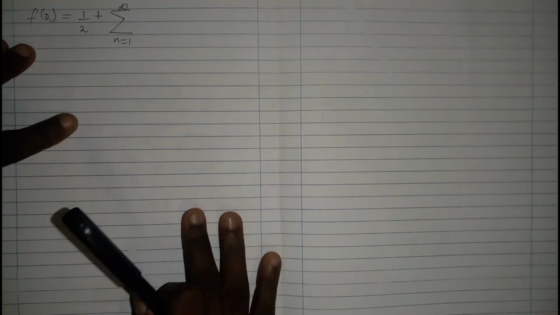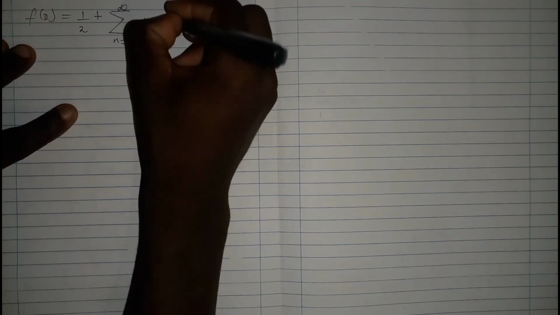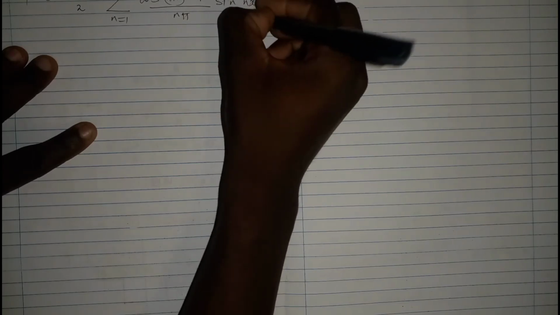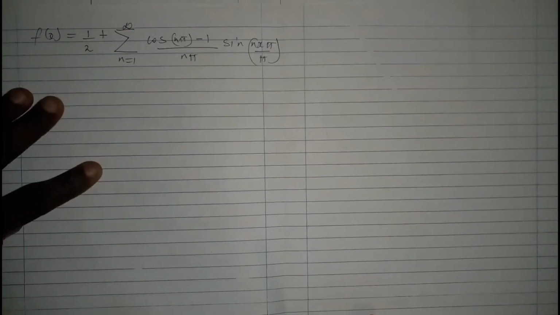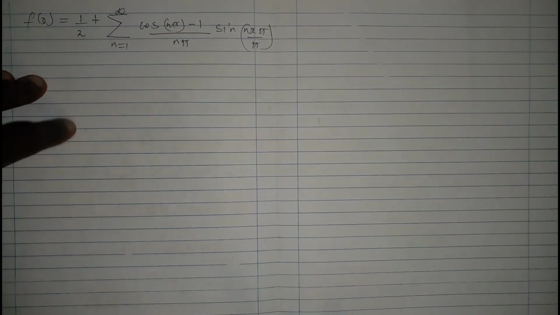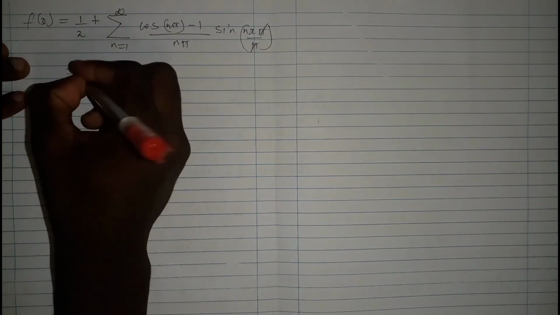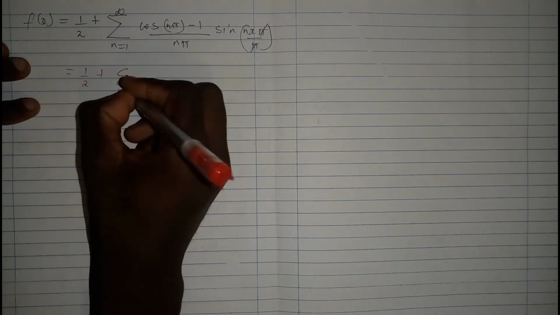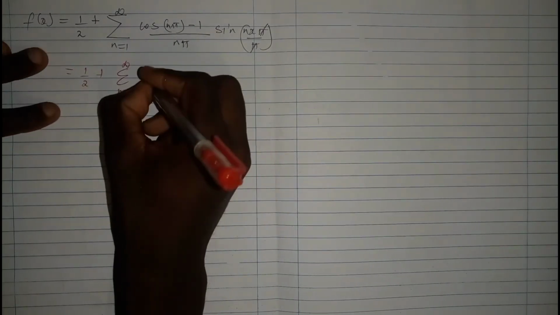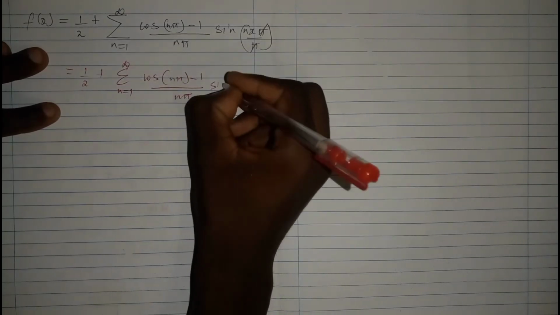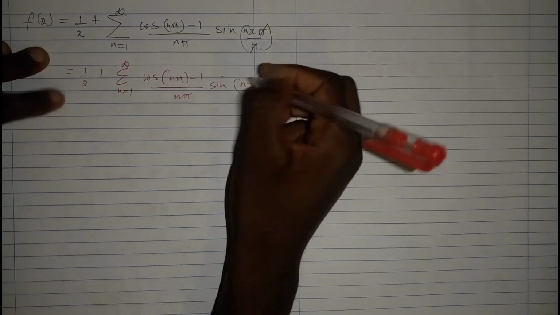Bn is cos n pi minus 1 over n pi, times sine nx pi over L, which is also equal to pi. In this one, we cancel this. So our Fourier series is going to be 1 over 2 plus the summation from n equals 1 up to infinity of cos n pi minus 1 divided by n pi sine nx.